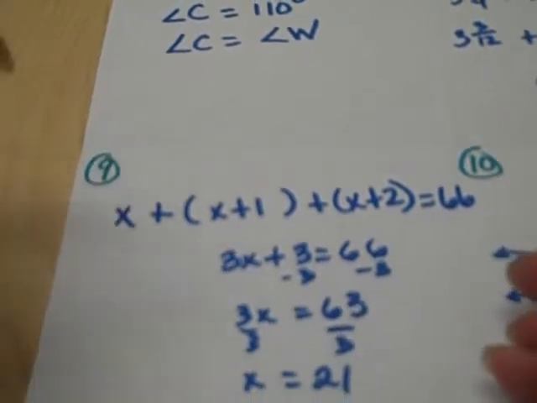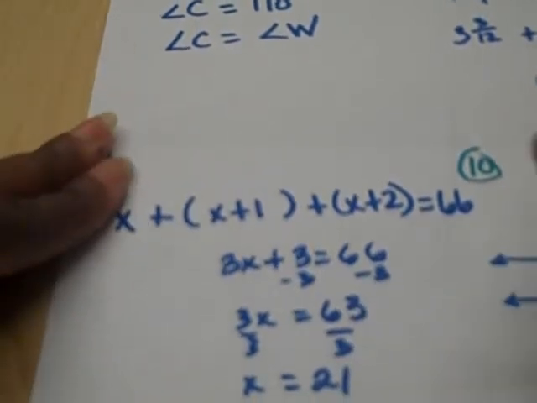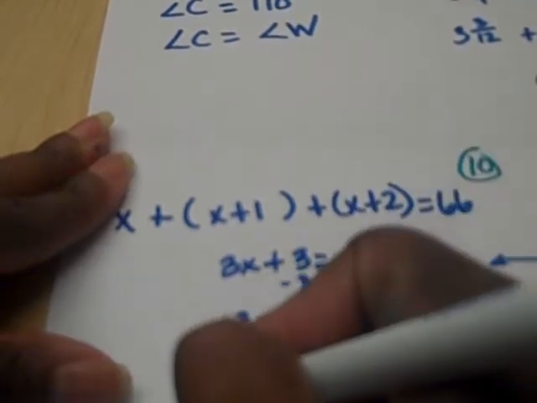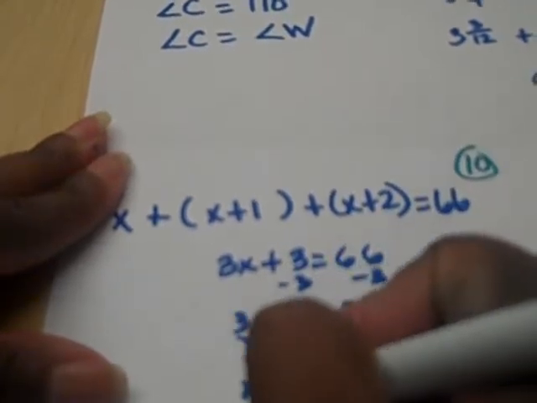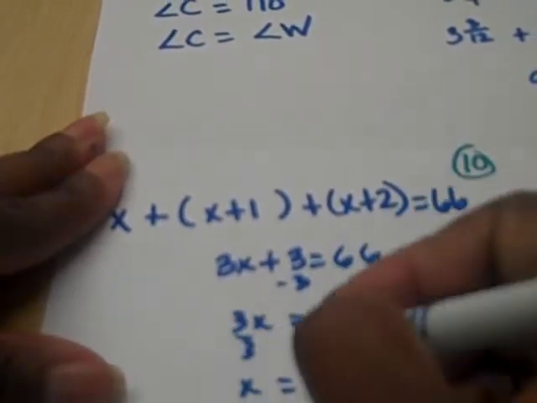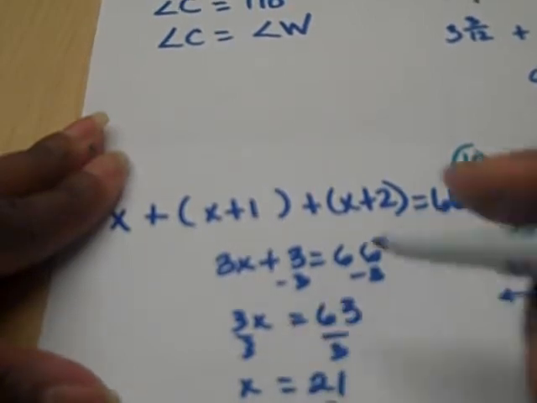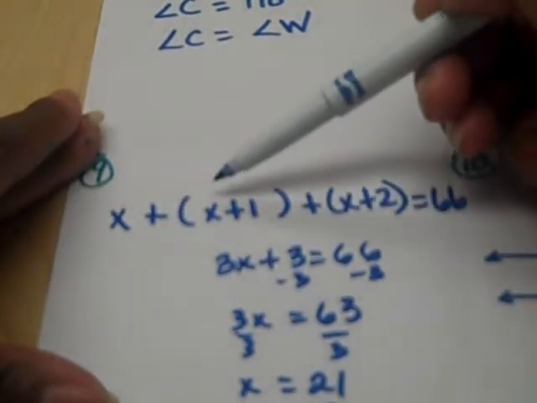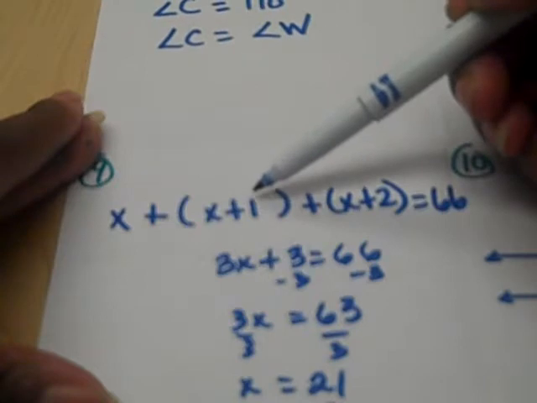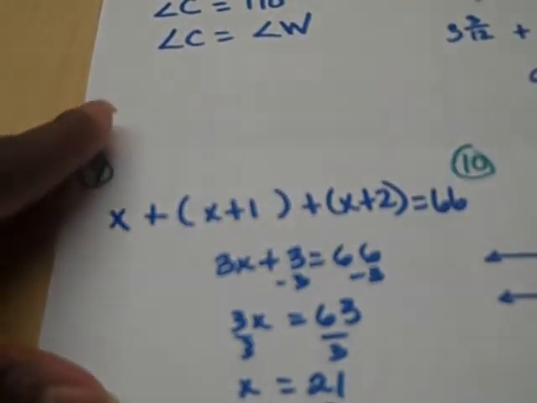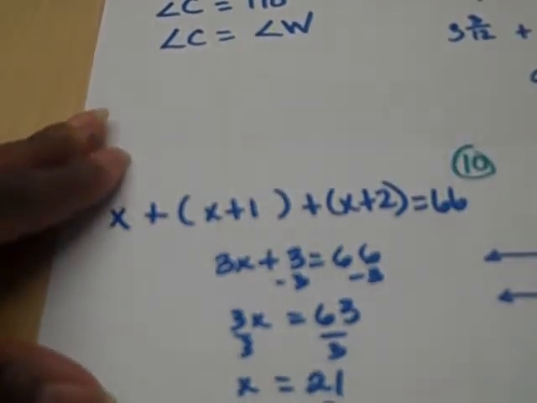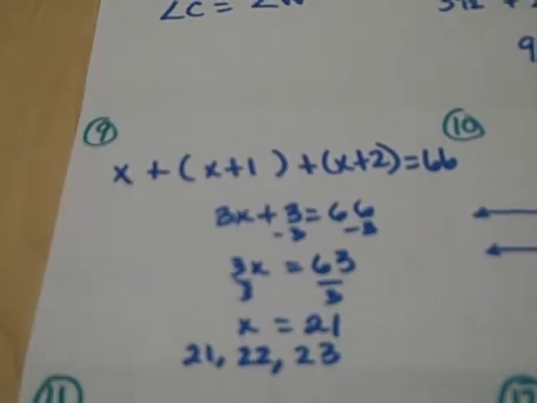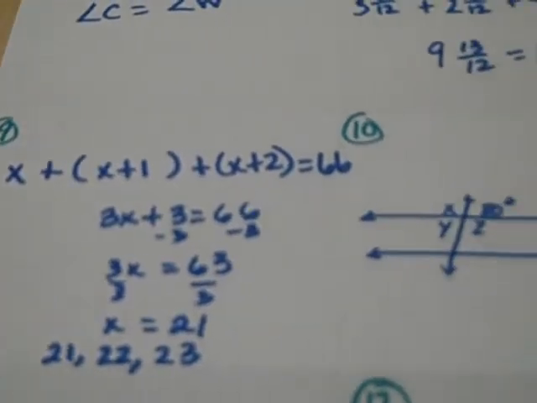But it asks for 3 consecutive integers. So we have 21, which means the next integer is 22, and the next is 23. 21 plus 1 is 22, and 21 plus 2 is 23. There you go. Okay, moving on.